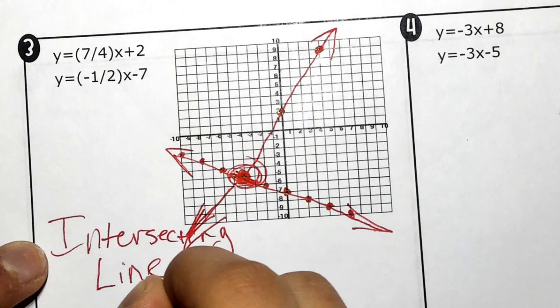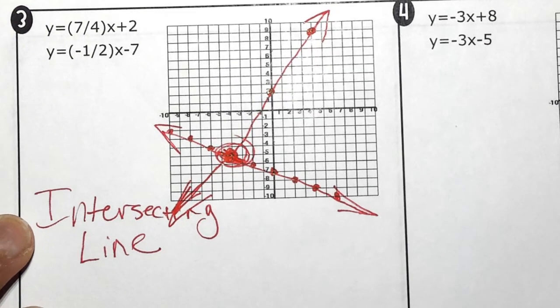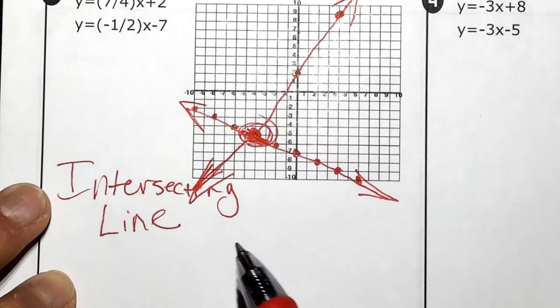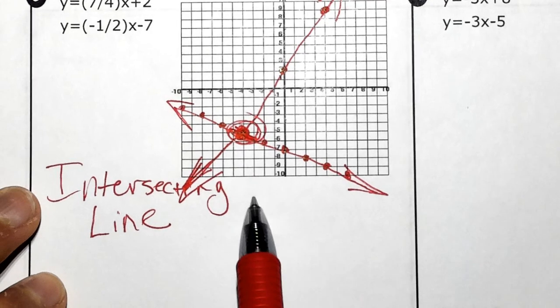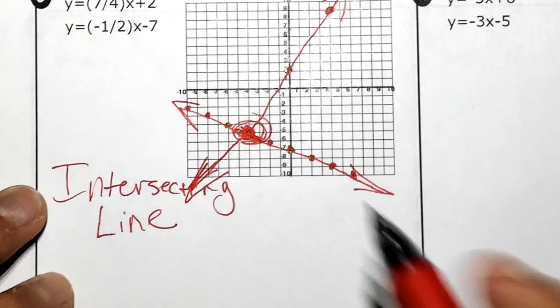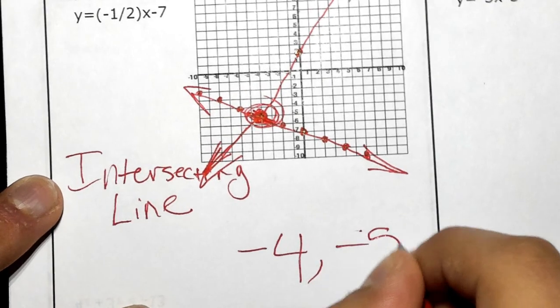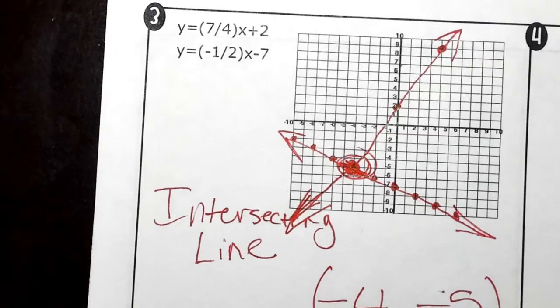I think all of these are intersecting, but still, don't assume that it's always intersecting, because it might not be. So then it'd be at -4, sorry guys, -5. Alright.